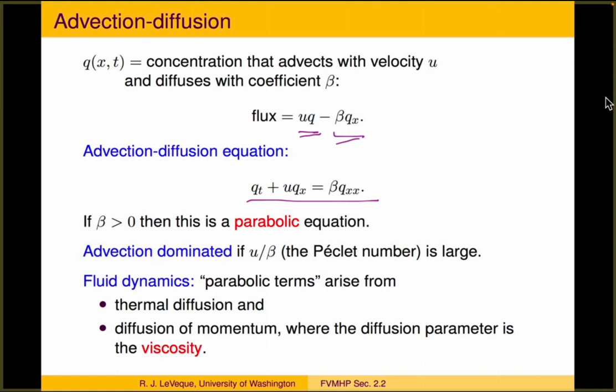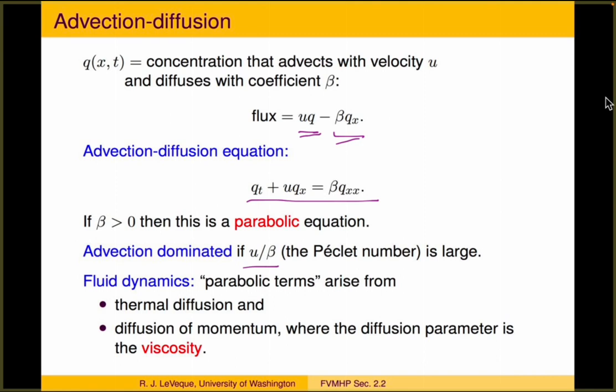Again, it's a parabolic equation, but in many cases we may have a situation where u is much larger than beta, and this ratio u over beta is often called the Peclet number. If that's very large, then the advection is dominating the diffusion, and in such cases sometimes you can approximate it by just a purely advective wave equation, the advection equation.